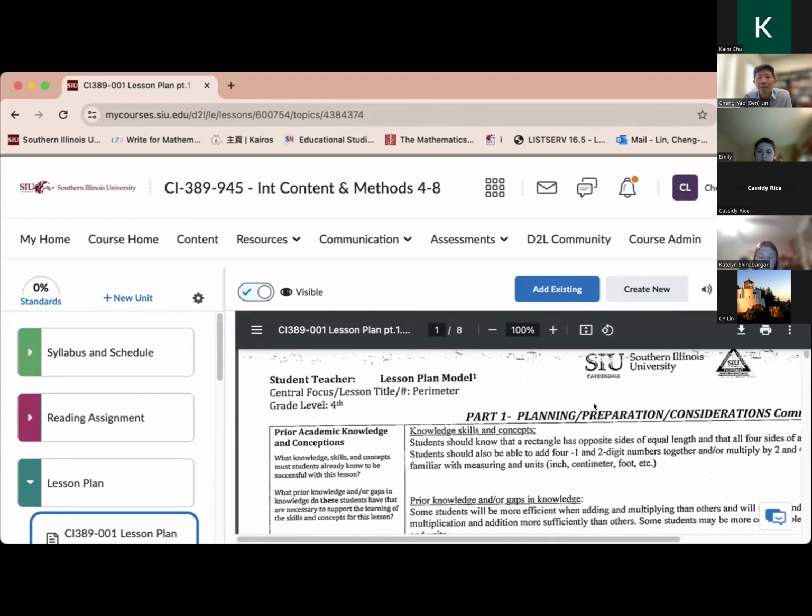Now, for the lesson plan, you want to do a lesson connected to this class, okay? Anything related to algebra, anything related to function, or the content area covered from 389, okay? So you would write a lesson plan for 4th grader to 8th grader.